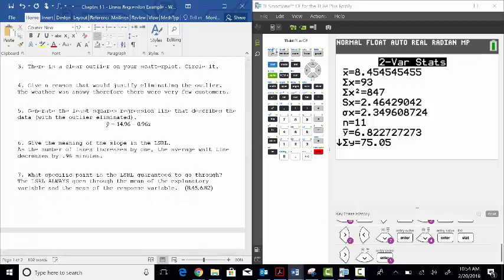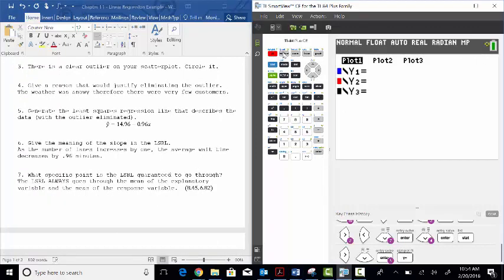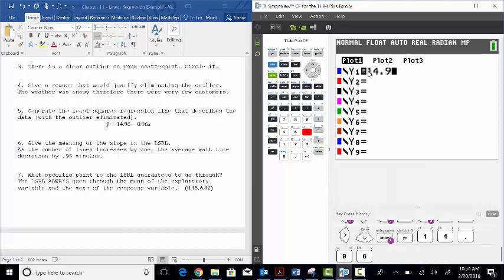And so if I wanted to, again, be more specific, I can go to y equals, and I can type in my least squares regression line. So 14.96 minus 0.96x.